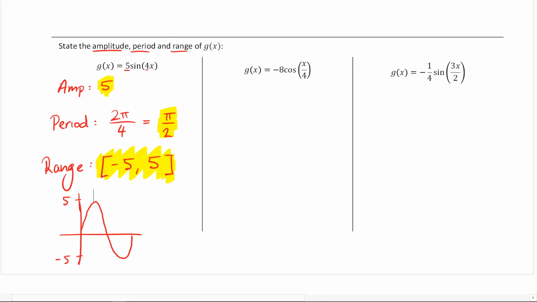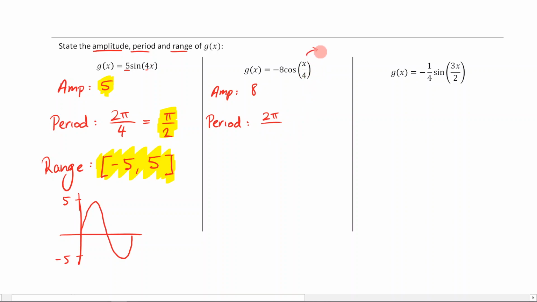All right, let's go through the next one. Now it's important here to realize that I have -8, but my amplitude is never going to take into consideration the negative. It's just going to be 8. So it's very important that we don't care about the negative there when stating our amplitude. The period here is going to be 2 pi over, now what's in front of my x here?